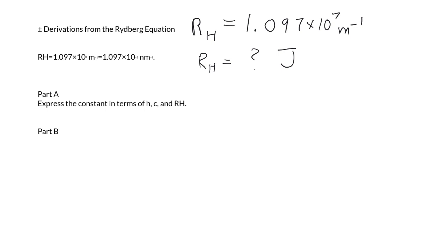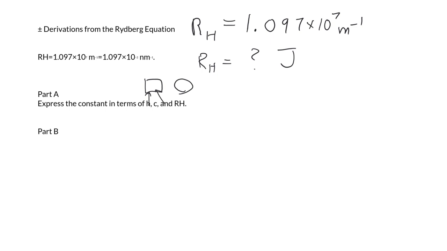They're wanting you to solve for this variable RH in terms of Planck's constant, right? That's Planck's constant, and that's the speed of light. What we're going to do, the easiest way to do this, is to state what we already know.